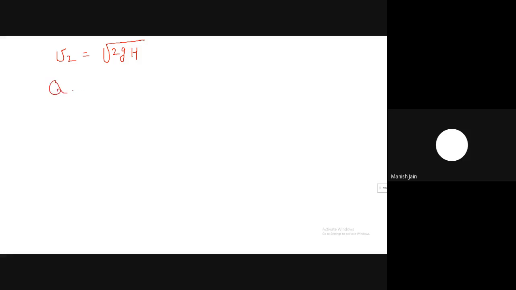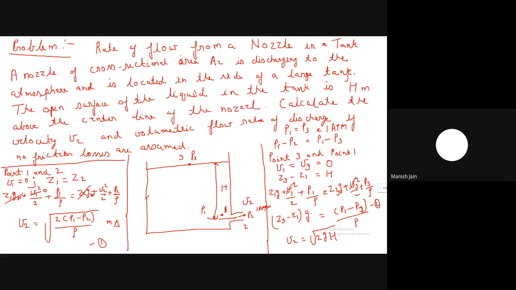Now if the cross-sectional area of the pipe is A2, then just multiply by A2 and you will get the volumetric flow rate. So Q2 equals A2 multiplied by under root of 2gH. This is the flow rate from the nozzle in a tank. Irrespective of the size of the nozzle, the velocity will be constant. Velocity will only depend upon the height of the water inside the tank.